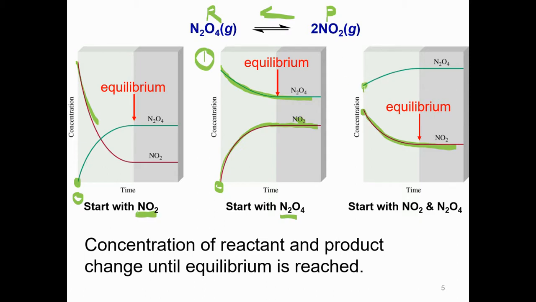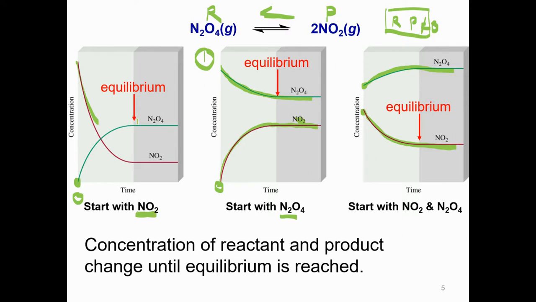Why is it not zero if this is a product? Because in a closed container, the process has already started, so we have both reactant and product. So the product is not equal to zero in this graph, and the product will still increase.